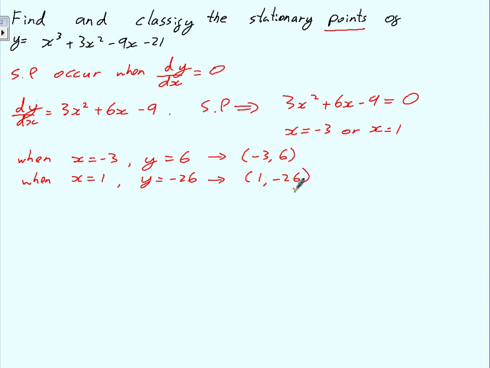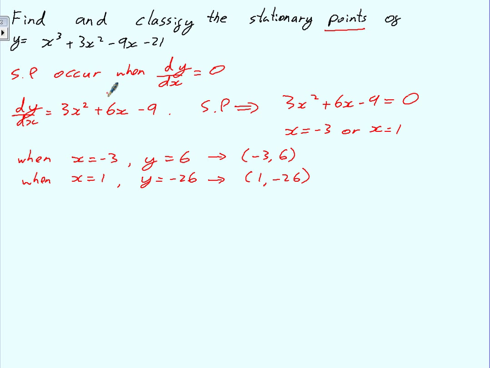So, I've now found both the stationary points, but I've been asked to classify them, so to find out if they're a maximum or a minimum. I don't yet have the right information to do that. I can't use the y values, that won't tell me if it's a maximum or a minimum, and I can't use the first derivative, that won't tell me either.